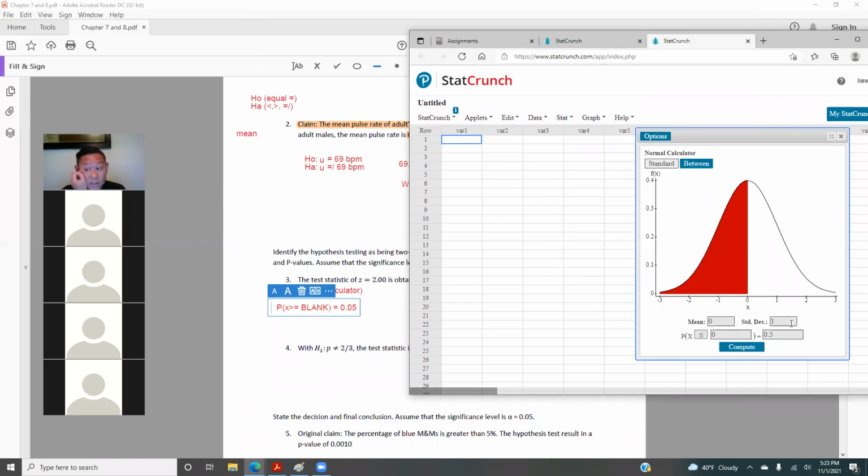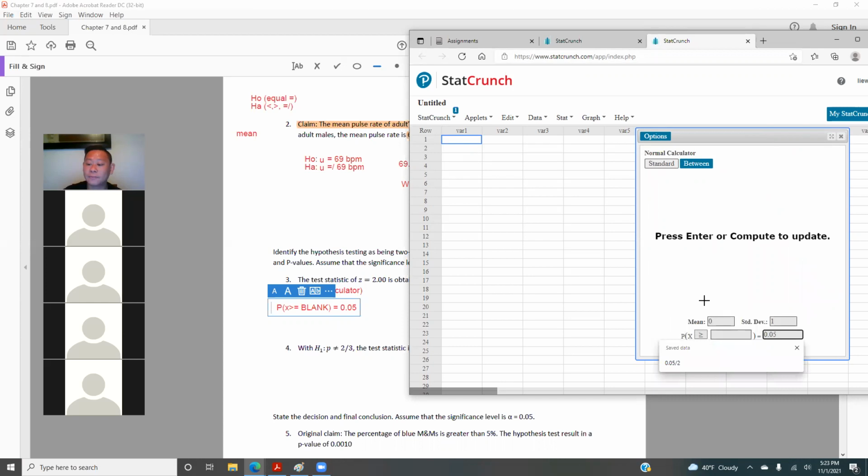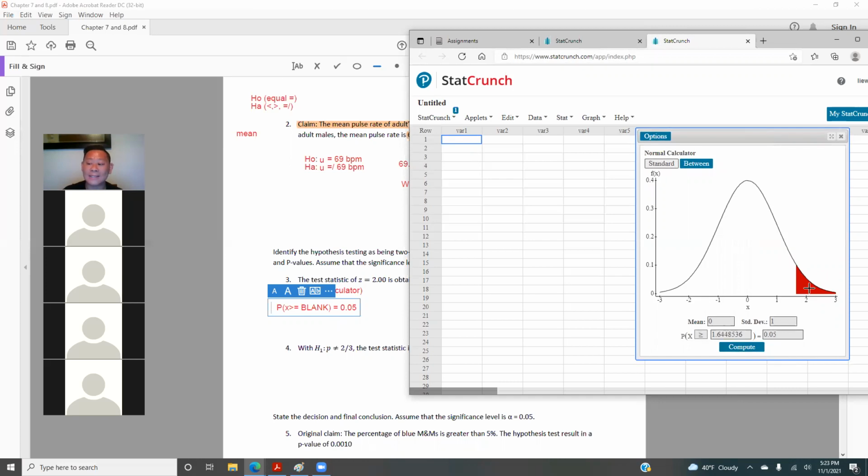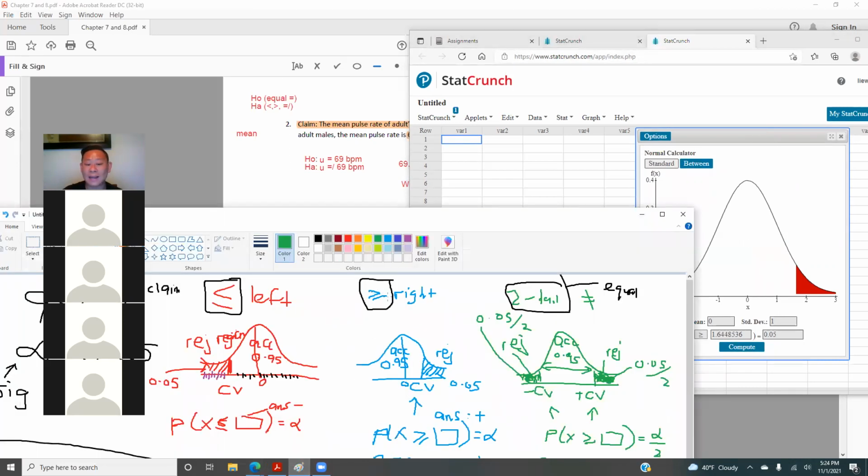Mean is 0, standard deviation is 1, the same. And then we use P(x) is greater than, this is 0.05. Don't divide by 2 because it's not two tails. Two tails you divide by 2. So that means this is your 5% and this will be your 95%. This is the meaning of what we draw on this side, this right tail.